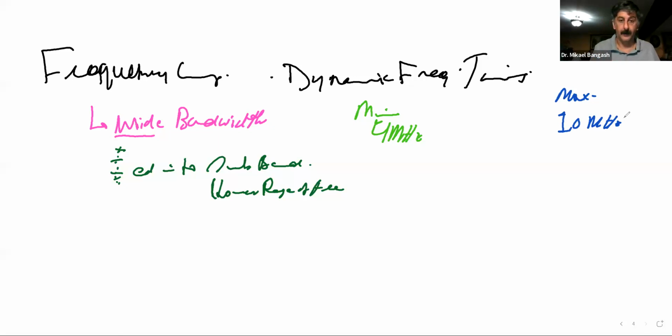Clear? In this instance, our bandwidth is the difference between these two, a total of 6 megahertz, which is a pretty wide bandwidth. Did that make sense? It starts from 4 megahertz and ends at 10 megahertz.